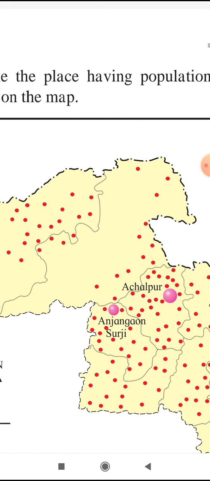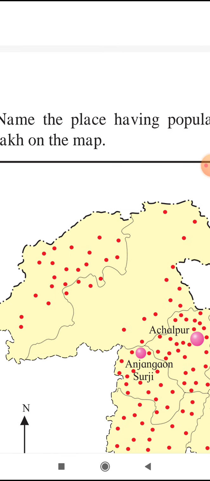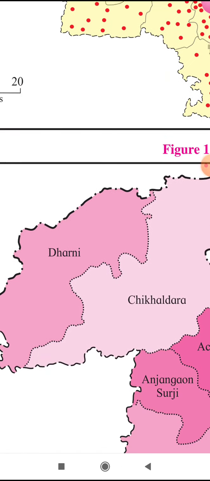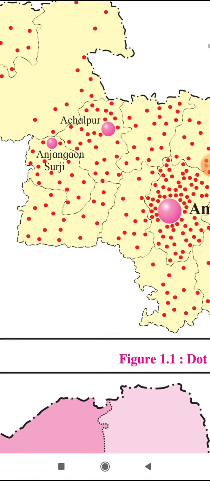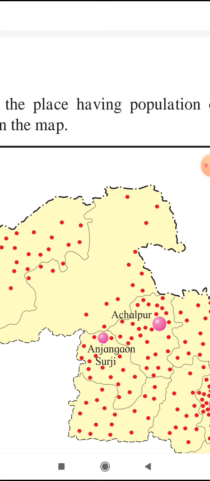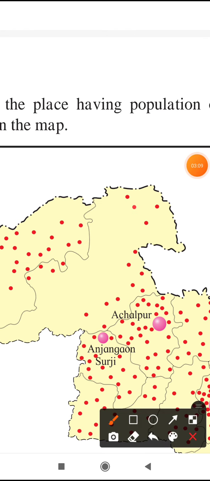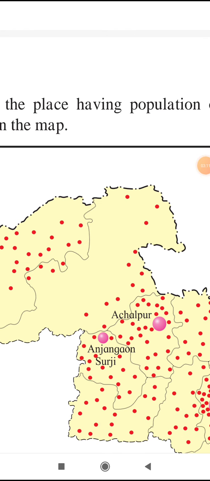If you see here, students, this taluka is Chikhaldara. In Chikhaldara taluka the dots are not many. How many are these? See, 1 2 3 4 5 6 7 8 9 10 11 12 13 14 dots are there.